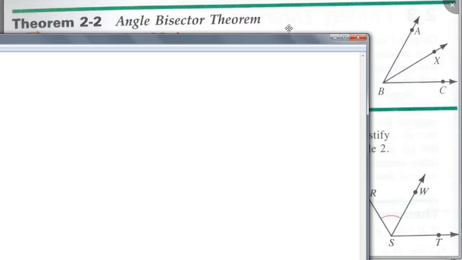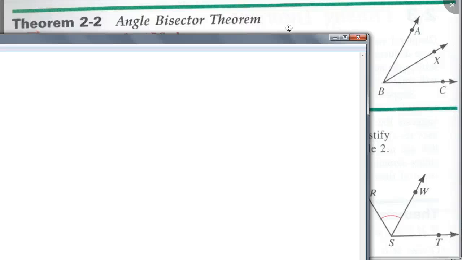Anybody have any guess what this angle bisector theorem might say? It is very similar to what we just talked about. What do you think it's going to say? If you have the angle bisector, then two angles are congruent?